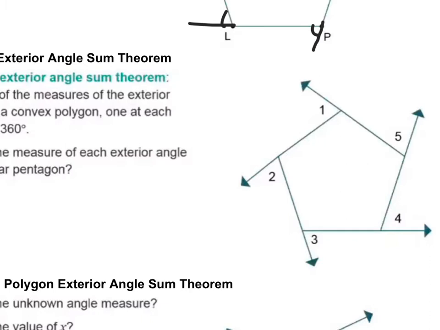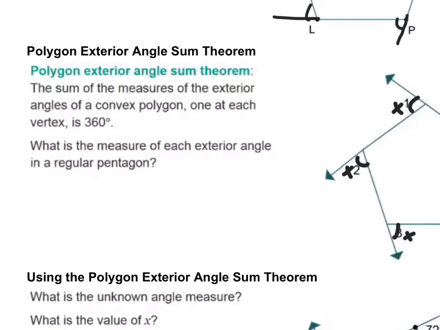I'm just going to call these angles x. If I have a regular polygon, then all of these exterior angles are going to be congruent. So I know that if I add all those up, I'm going to have 5 x's, and all of those are going to equal 360 degrees.